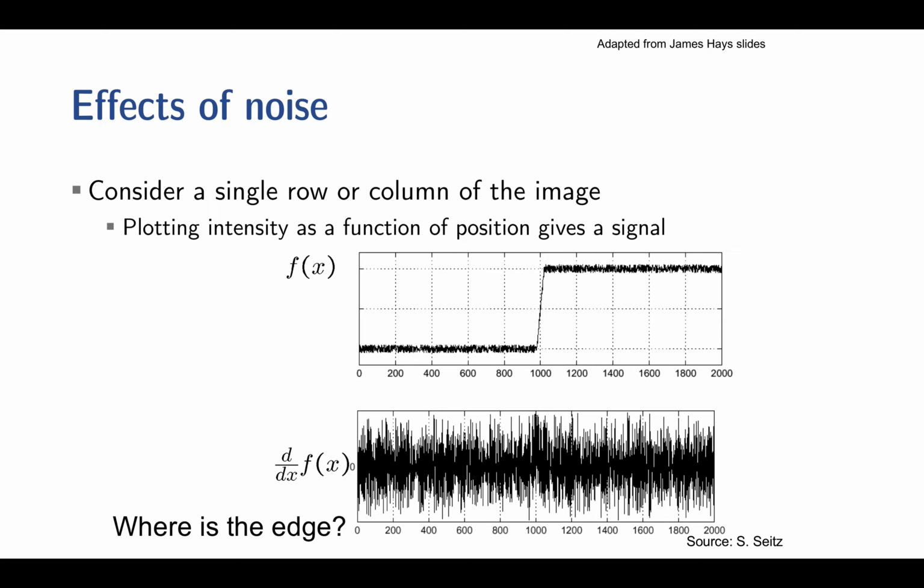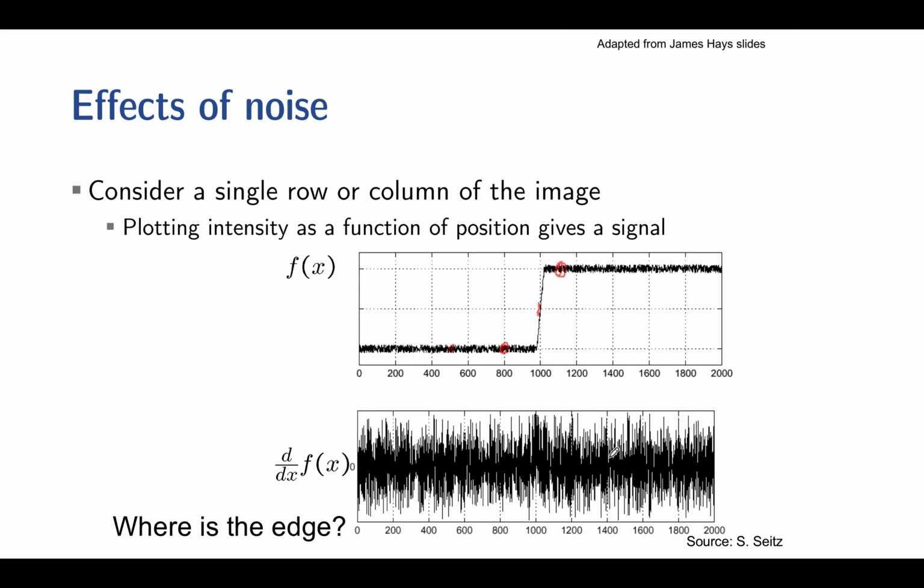The question is, isn't the slope at the edge going to be really big? Yes, indeed, notice the scale here. If I was computing the derivative by subtracting this pixel from that pixel, then I would have gotten a large peak. But this edge is spread over several pixels, so really I'm subtracting a pixel from a very nearby pixel, and all of them have noise in them.